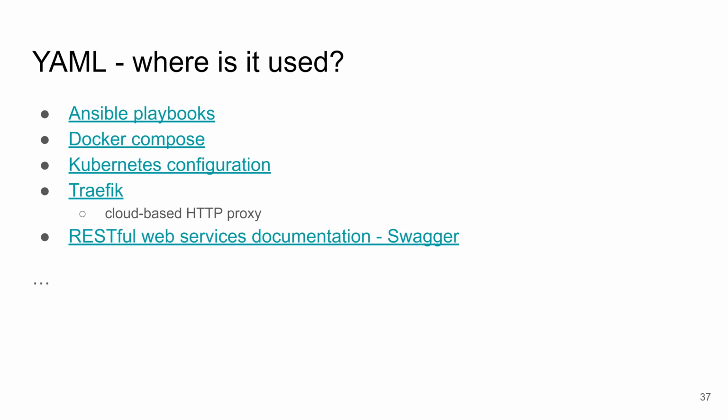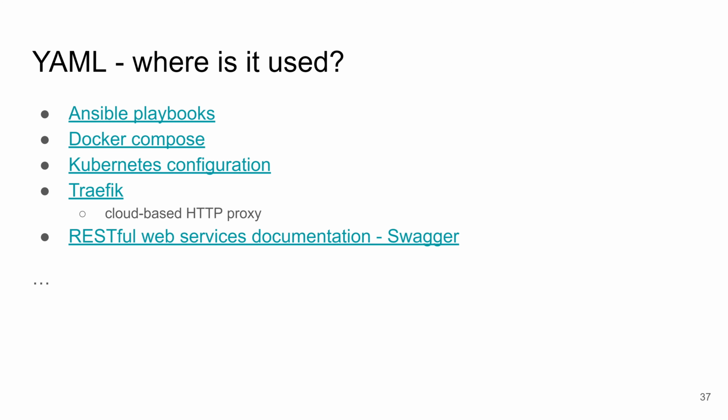Well, in various places, again in web-based projects mainly. Wherever you deal with deployment or configuration management, I already mentioned Ansible. Also, if you deal with Docker Compose, the Docker Compose file is a YAML file, or when you deal with Traefik, where you can choose between TOML files and YAML files.